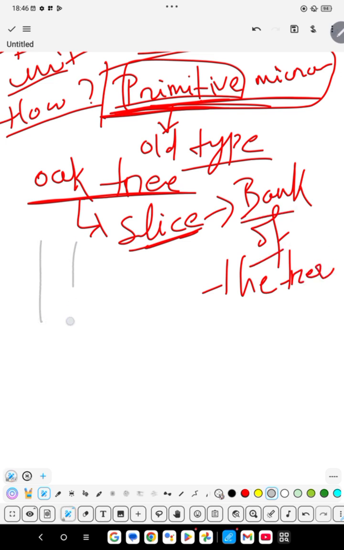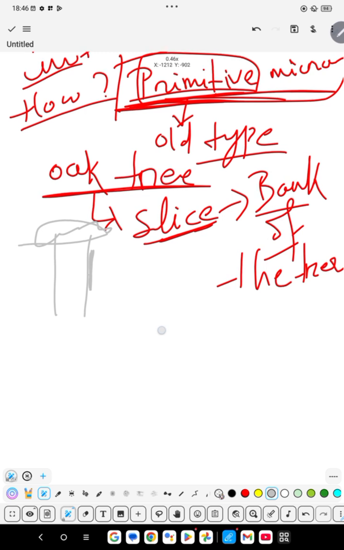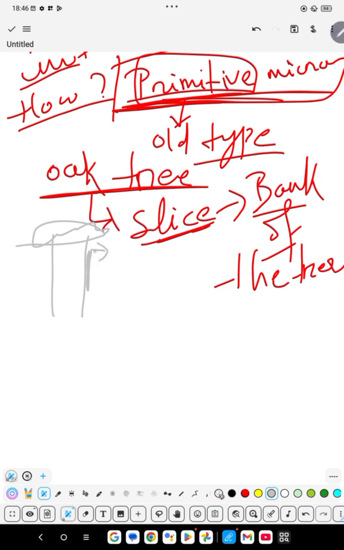Suppose this is the tree. An oak tree is a very big tree. For a big tree, you can take the example of a banyan tree. The outermost part, the shaded part, gets detached from the branch. So he took this part of the oak tree. Okay.